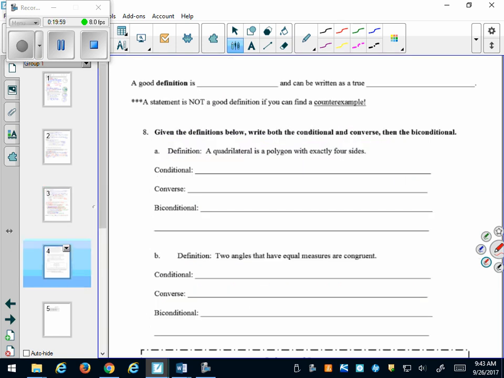All right, so that brings us to a good definition. Key word here? Reversible. A good definition is reversible. It can be written as a true biconditional.